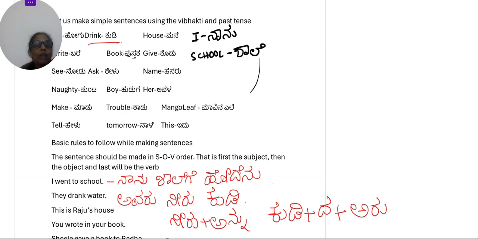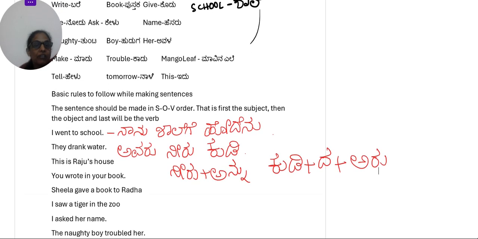So now, when all of these suffixes are added, it will become kudidaru. Now, neeru plus annu, when you join, it will become neerannu. The u is removed and so it will become neerannu. Avaru neerannu kudidaru.